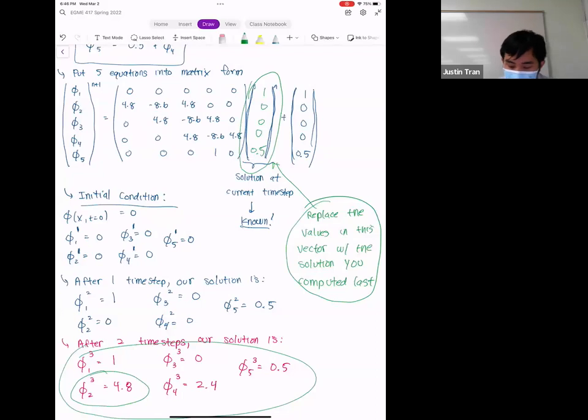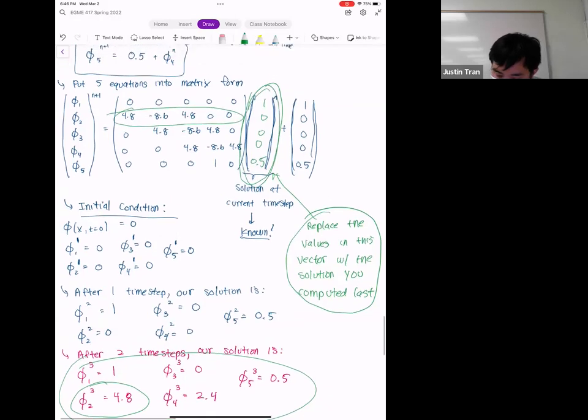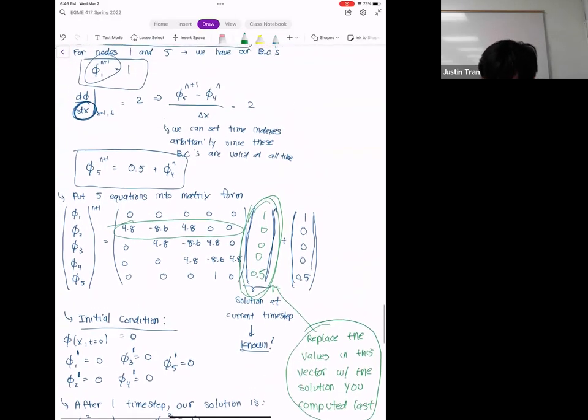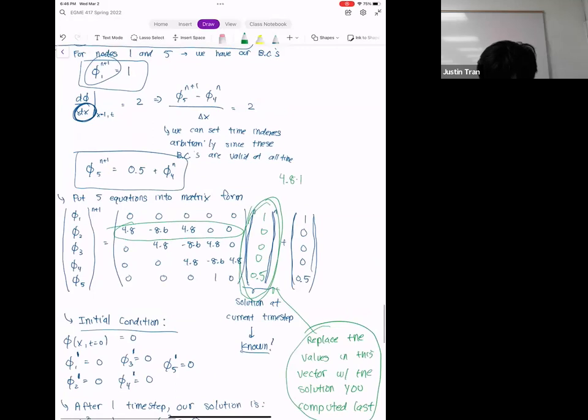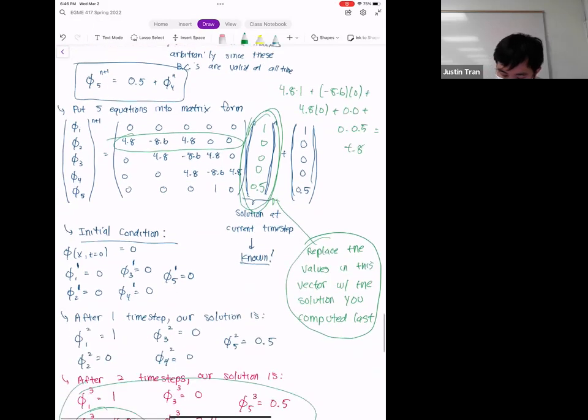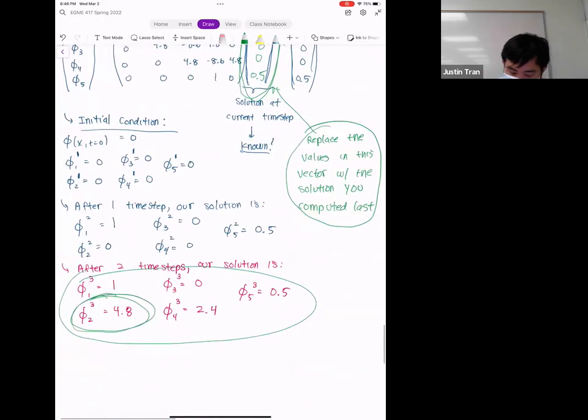For phi 2, we take a multiplication of this row and this vector right here. So this row will be 4.8 times 1 plus minus 8.6 times 0 plus 4.8 times 0 plus 0 times 0 plus 0 times 0.5. If you perform that arithmetic, you get 4.8, and that's how you get this value right here.